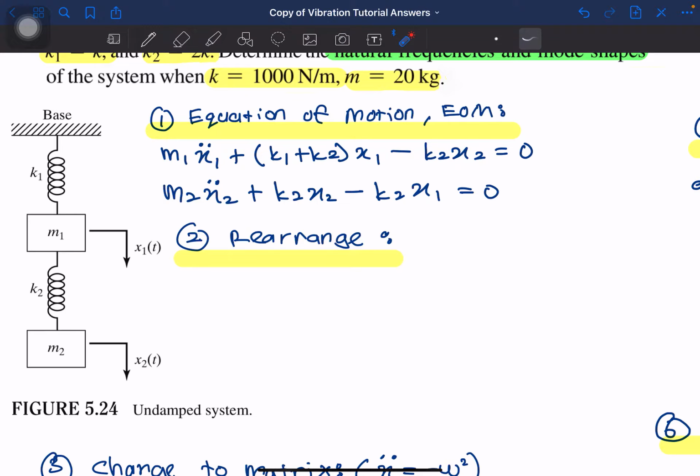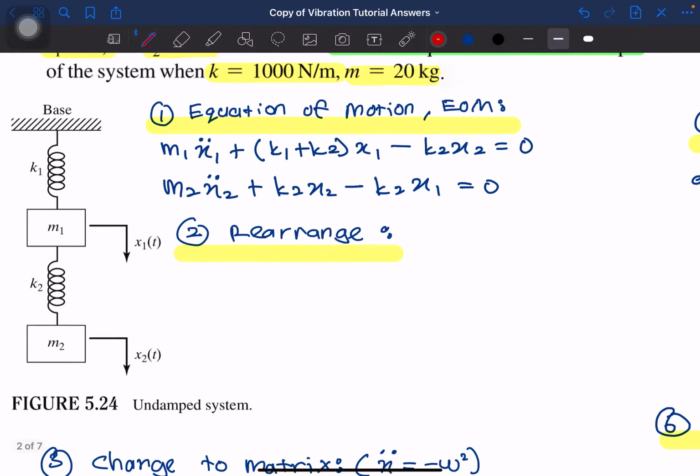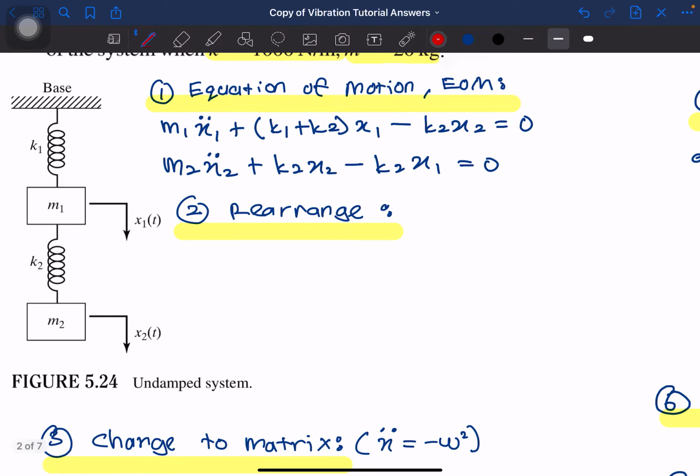Since you have two bodies and two equations of motion, we rearrange them because we want to change them into a matrix in terms of x1 and x2, so it is easier for you to see.